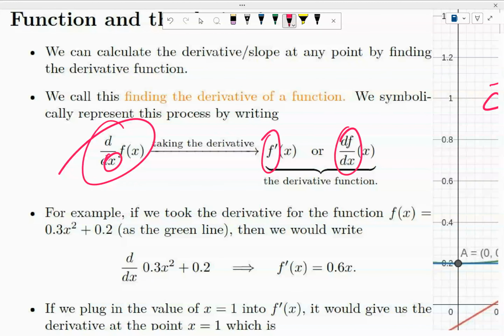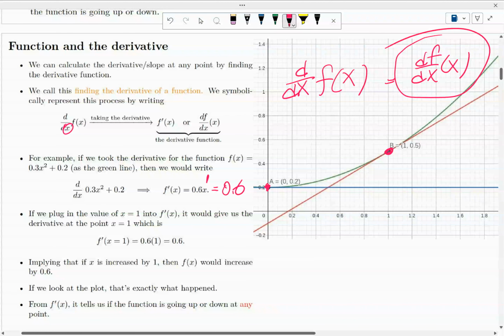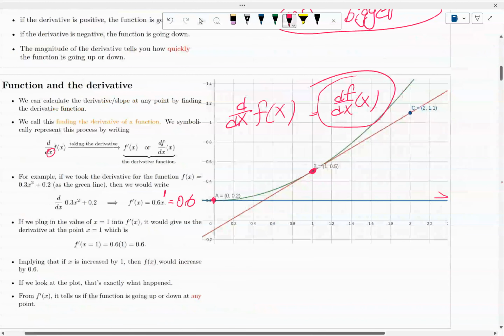So the derivative at this point would be 0. But at this other point, if you plug 1 in here, that's going to give you 0.6. This is much larger than 0, telling you that the function is positive, therefore it's going up, and it's going up at a speed of 0.6.